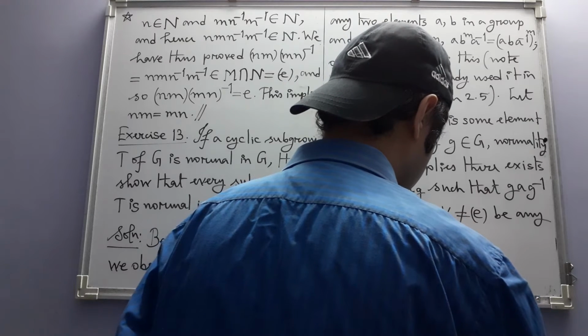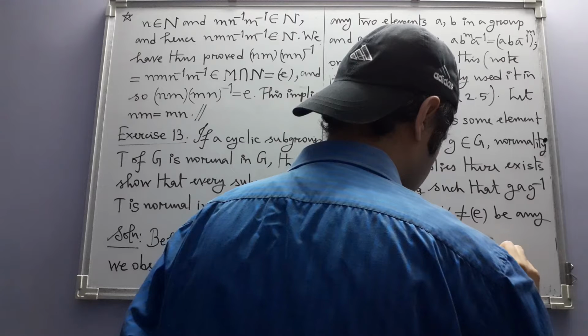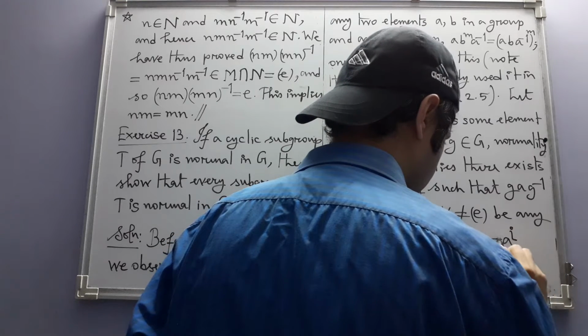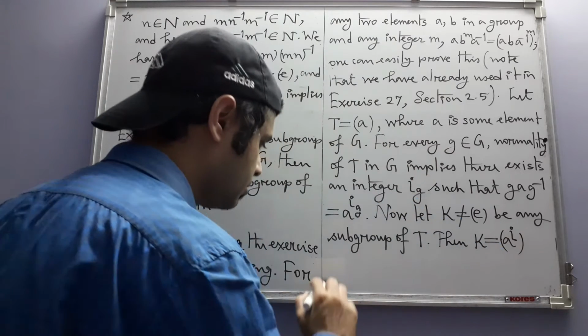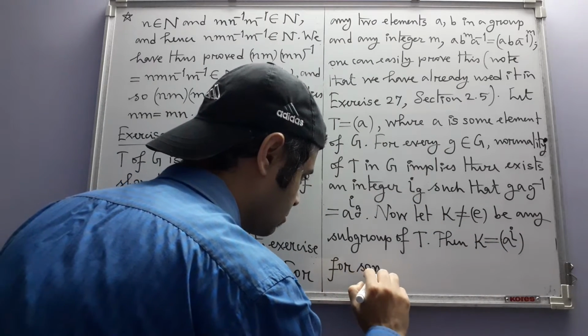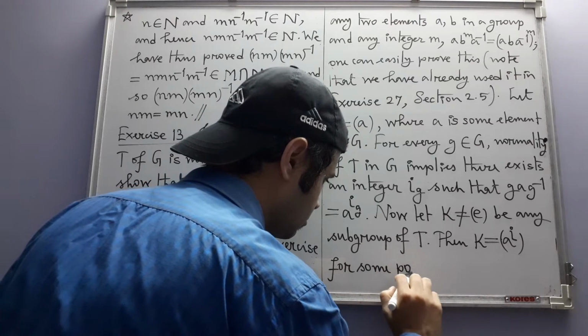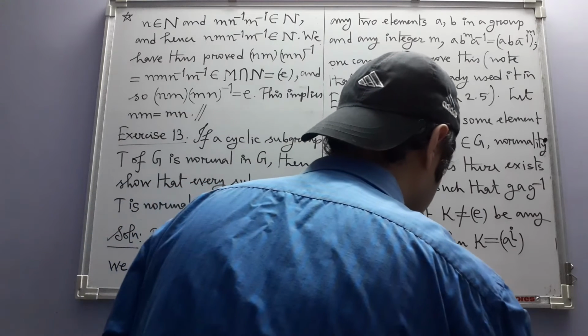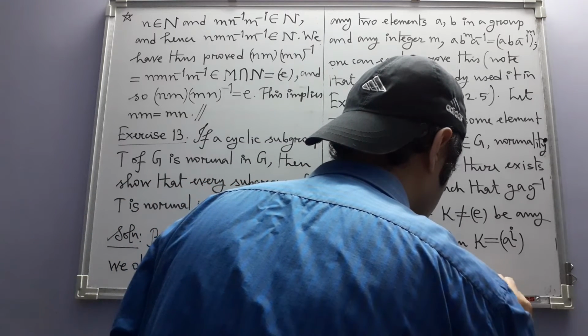Then K is equal to the cyclic group generated by a to the power i, for some positive integer i.